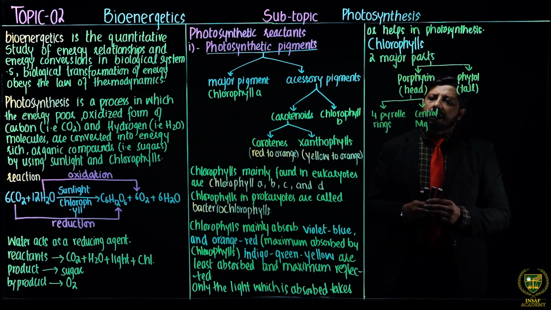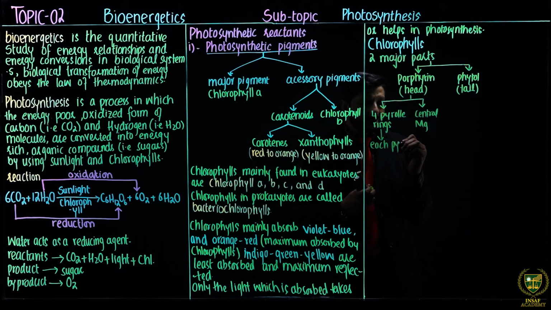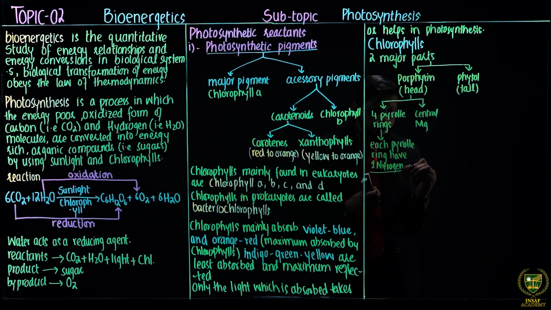Now, dear students, each pyrrole ring has one nitrogen and four carbons.